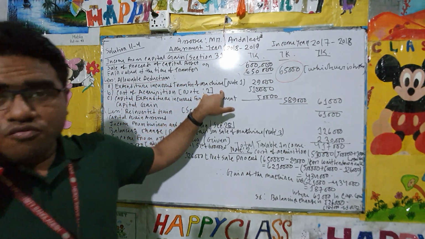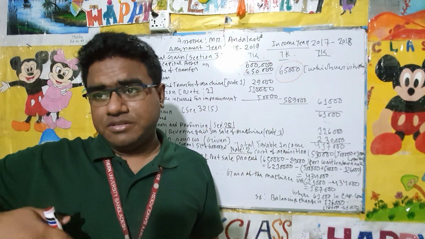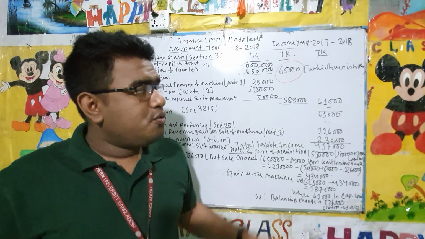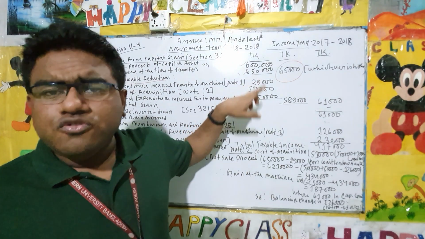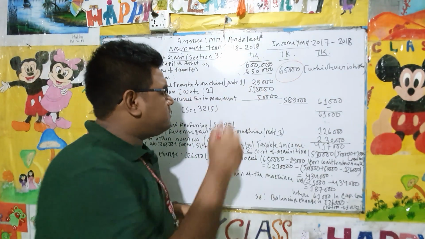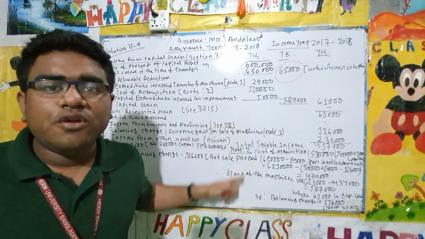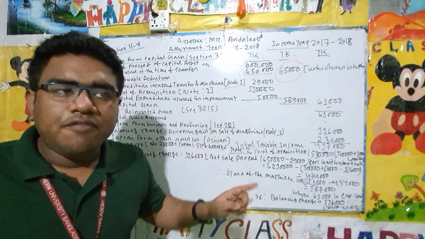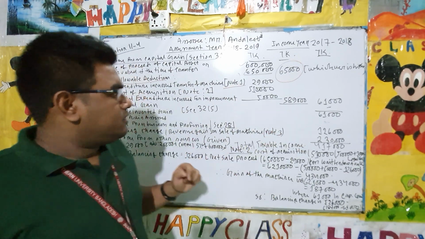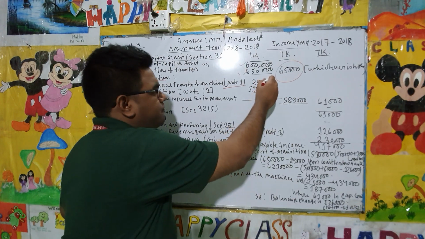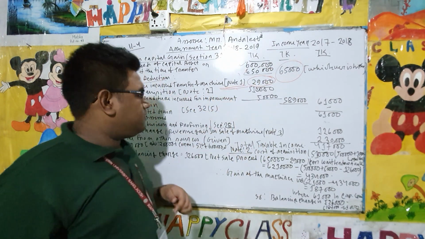Means when you sell the asset, when you transfer your machine to the buyer, you have incurred some cost. It's 29,000. So how do you know it's 29,000? See, note number 1. You have to show the calculation later on. I will go back to the calculation later on. But now, just remember, you have found this 29,000 from note number 1.